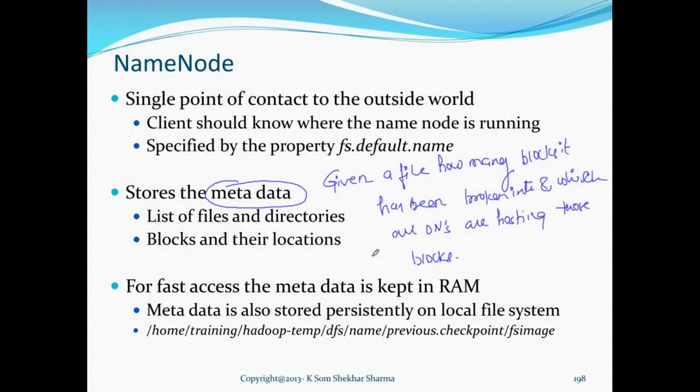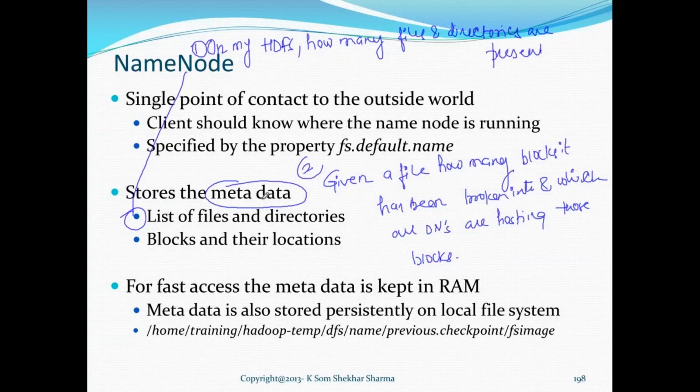That is the metadata with respect to the name node. Also, the list of files and their directories. It basically means that on my HDFS, how many files and directories I have. Right, so that is your metadata information, which the name node stores.